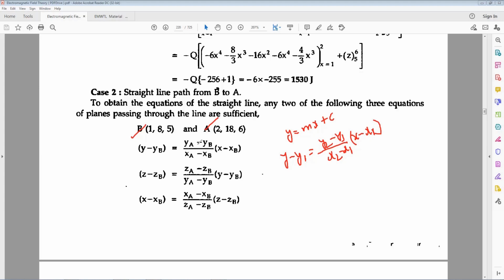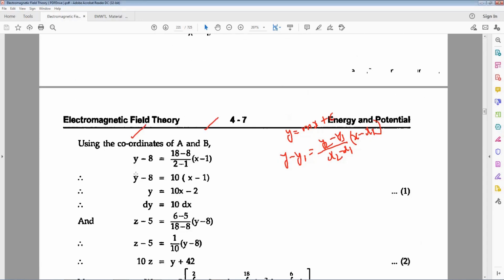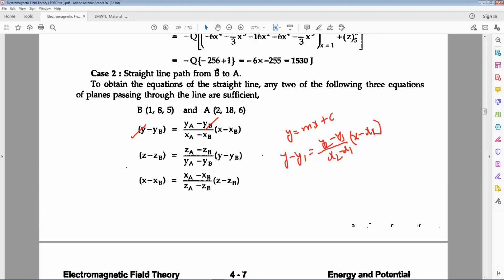The A is 1, the B is 2, you can consider. Then y minus yb, the b value here. See, the b term is 1.